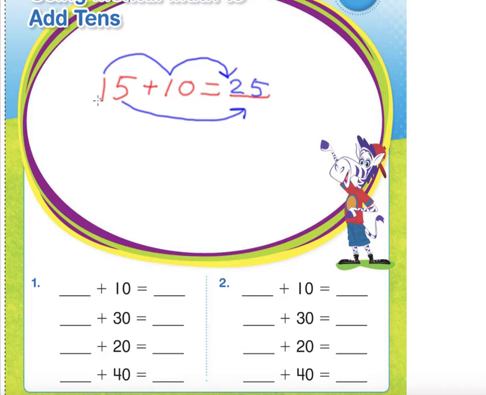We're just looking at what is in the tens place on both numbers. We're adding those two numbers together and making a new 10, which would be 2. And the 5, it just goes right along with it. It will not change. It just moves its spot from the number sentence into our total at the end.